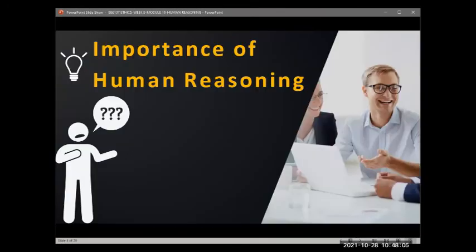So let us discuss first the importance of human reasoning. Human reasoning is an interesting characteristic of the human intellect because people like us by nature are able to think intuitively without restraint, in such a way that a primary piece of information can be processed through reasoning to gain further understanding.